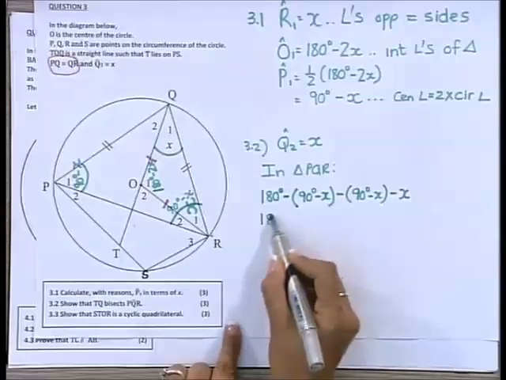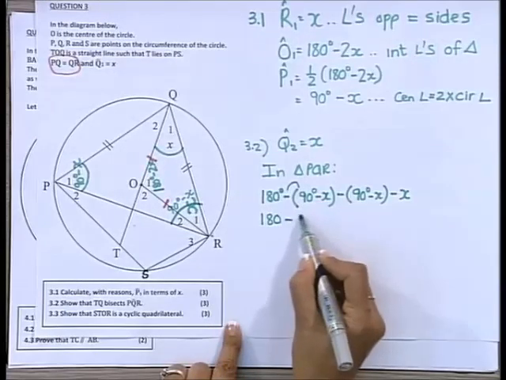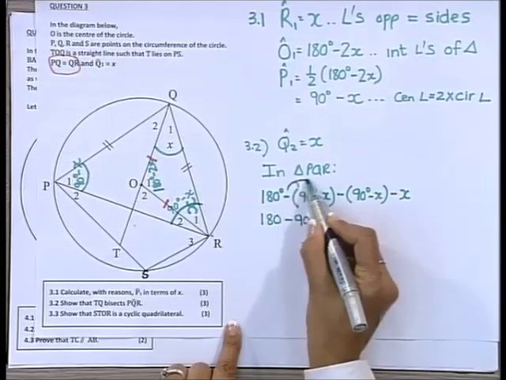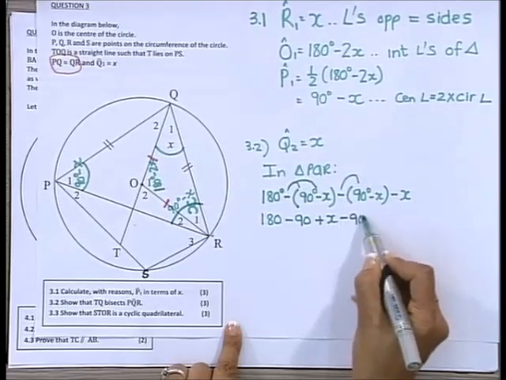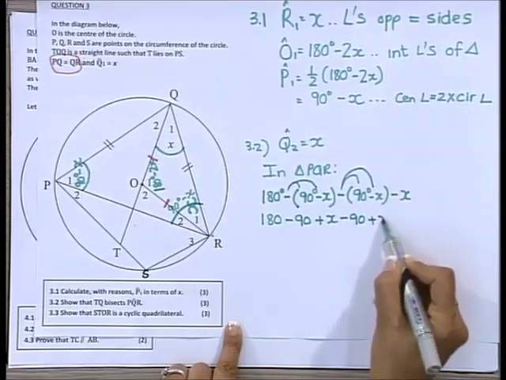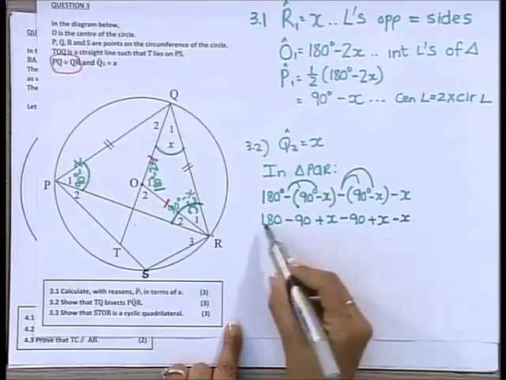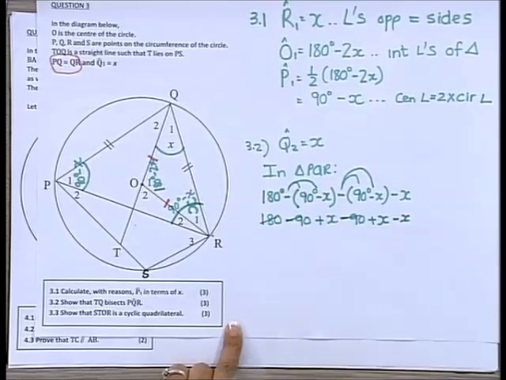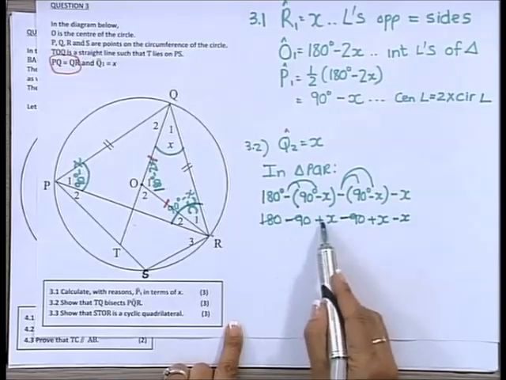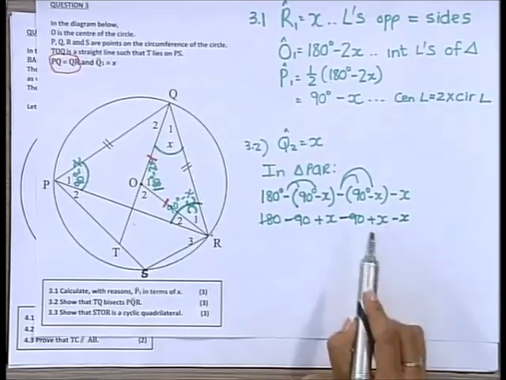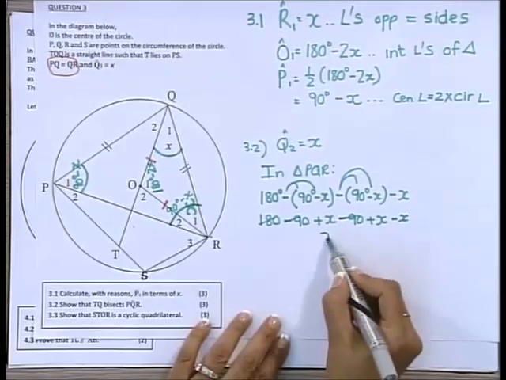I work this out, I get 180, take your minus in, minus 90 plus x, minus 90 plus x, and then you have that minus x at the end. 180, and that minus will cancel with that minus 90, that gives me minus 180, you have 2x minus x, which gives you x.